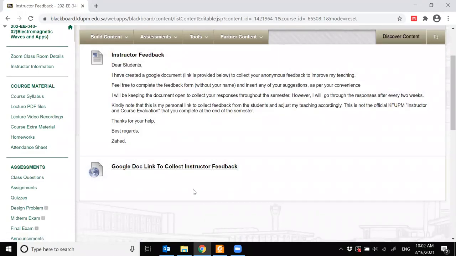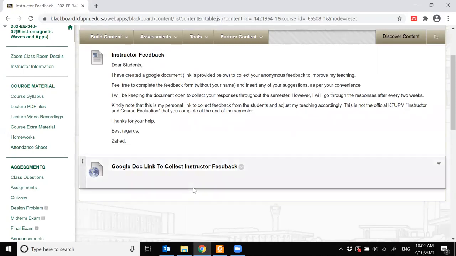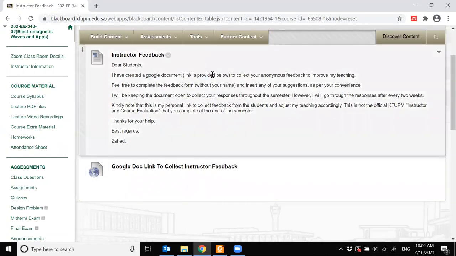I just wanted to get an idea whether we are moving in the right direction, or whether I should change something which is probably not serving our purpose, either in my way of teaching or something else. I want to improve so that both of us can benefit from this course. So just go and give your feedback.